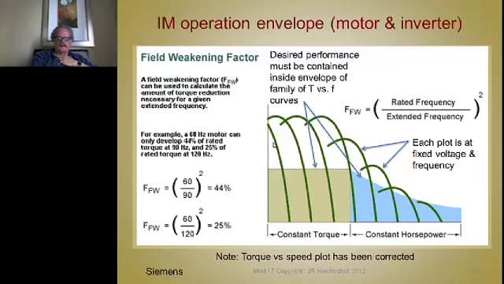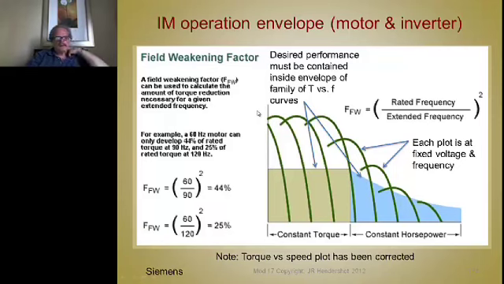Each one of these plots here represents a fixed volts and frequency, and you can make a number of these to create an envelope of performance of torque versus speed, such that you can develop a continuous constant torque region and a constant horsepower region, as long as the desired envelope of performance falls within the maximum capability of that particular machine and inverter.